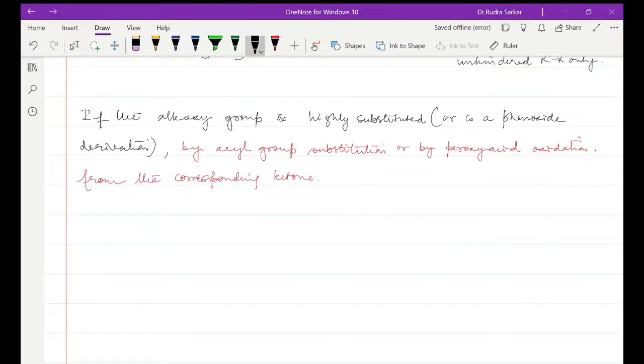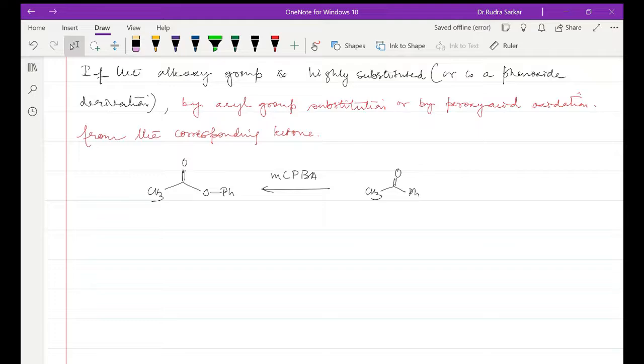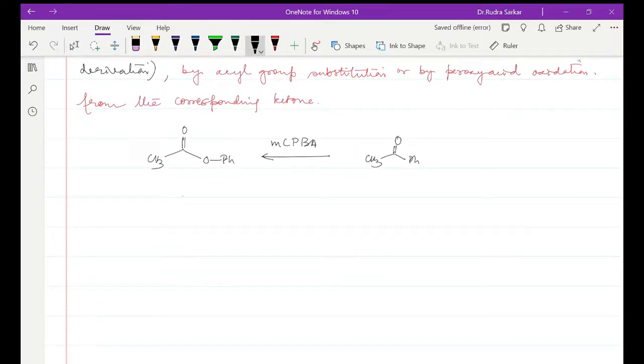That means to make esters of this kind, we will start with the ketone and we will use MCPBA, okay, or else we will react the acid chloride with the sodium phenoxide and synthesize the desired product. That is our target molecule. Okay.